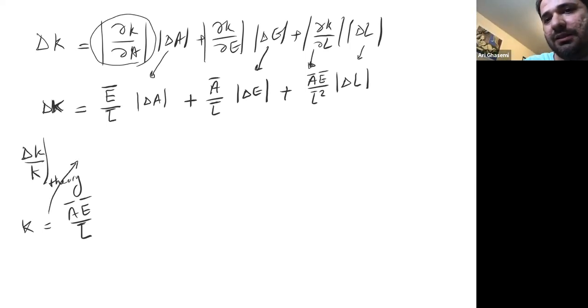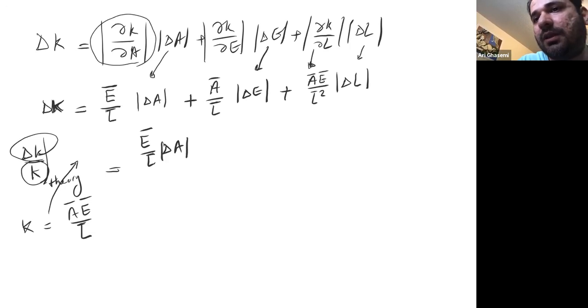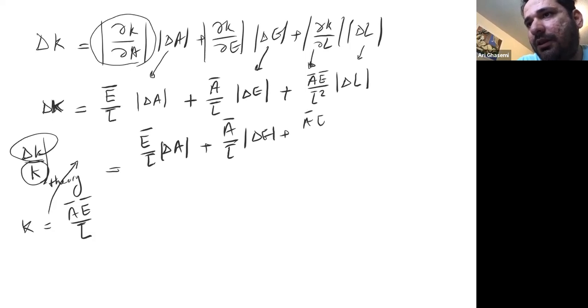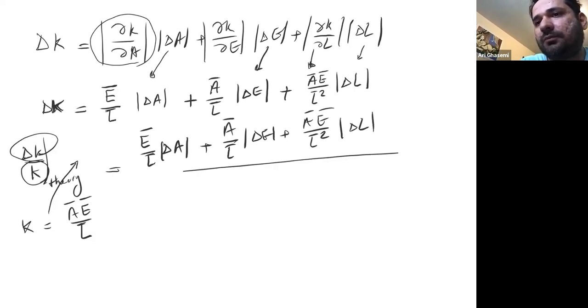What do I get? The top is delta K, the bottom is K. So delta K was E bar, L bar, delta A absolute value, plus A bar, L bar, delta E, plus A bar, E bar, over L bar squared, delta L, divided by the bottom, which is A bar, E bar, over L bar.